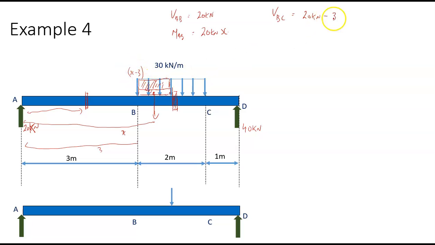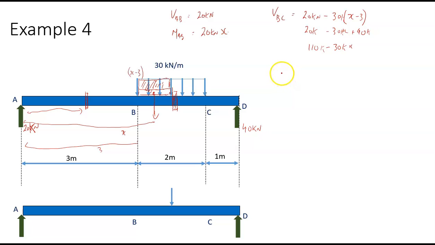So it's going to be 30 times X minus 3. Multiplying that out, I get 20k minus 30kx plus 90k. So 20 plus 90 is 110, minus 30kx.